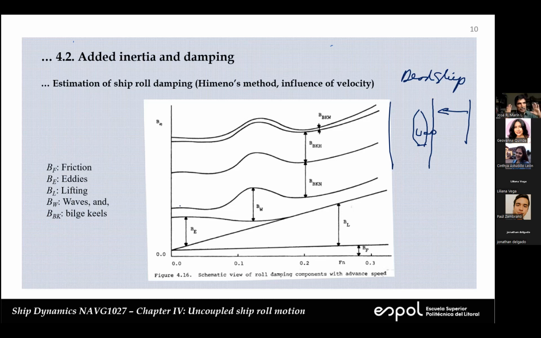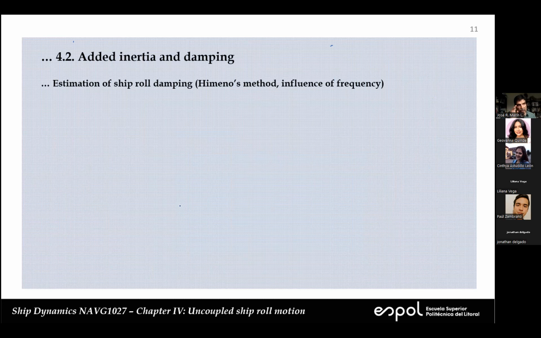So velocity in roll motion is extremely important. Another parameter is the frequency. In general, we could expect that with more frequency we will have more dissipation of energy. And that's what we see here.